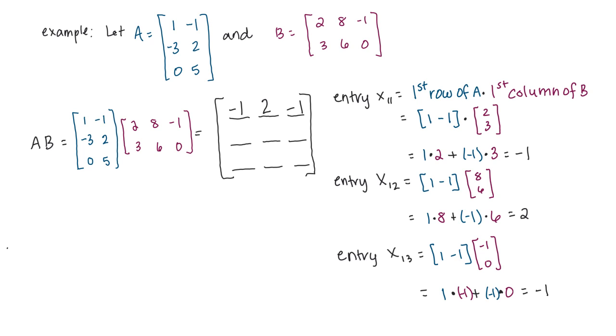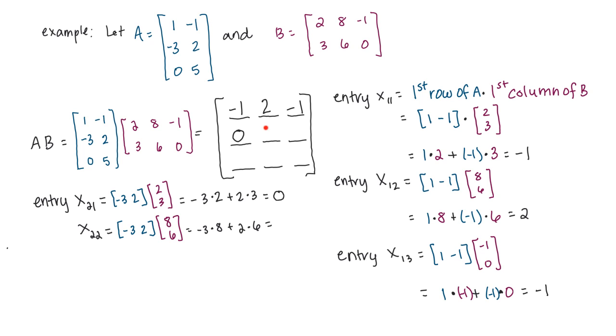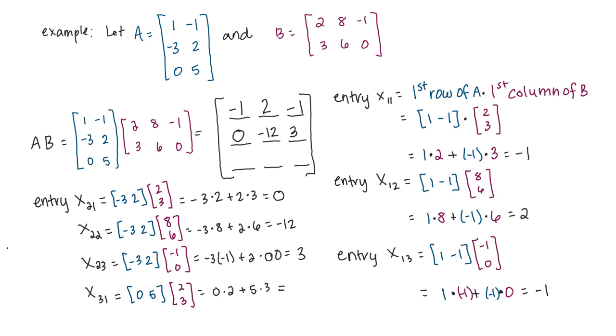Now moving on to our second row, we're going to look at the entry x21, so second row of A, first column of B, gives us 0. Our x22 position is going to be the second row of A and the second column of B, which gives us negative 12. Our x23 position, second row of A, third column of B, gives us 3.